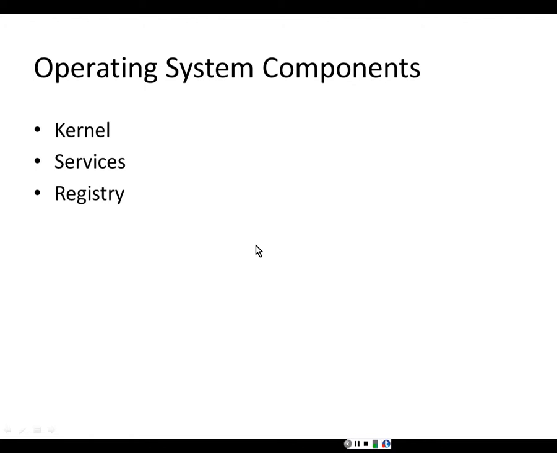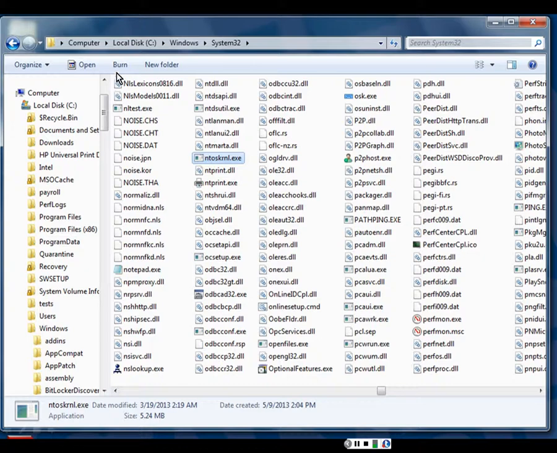Let's now look at operating system components: the kernel, services, and the registry. Page 341 discusses the kernel, and the kernel is the most important part of the operating system. If we go to the Windows Explorer and go to the C drive, to the Windows folder, to the System32 folder, we will see there is a file called ntOSKernel.exe.